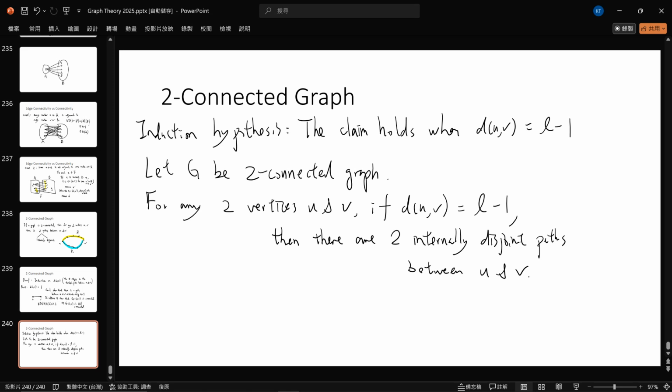Okay. So this is our induction hypothesis. In other words, we only consider vertices with distance L minus 1. And then we try to show that this is also true, even if we consider vertices that are L edges apart.